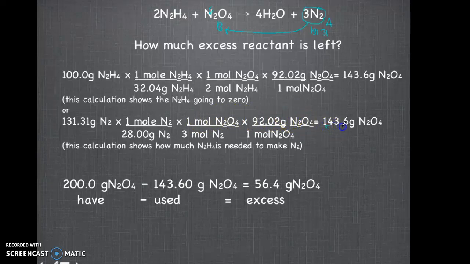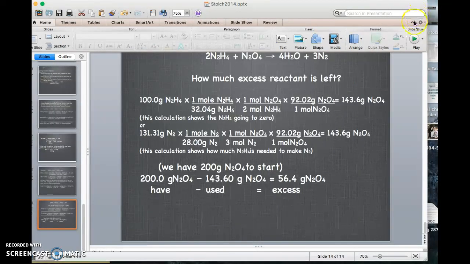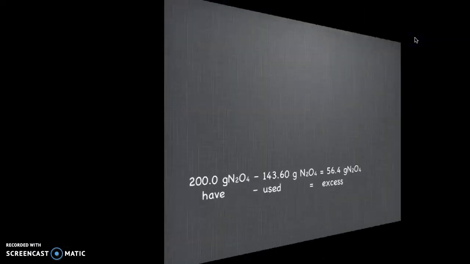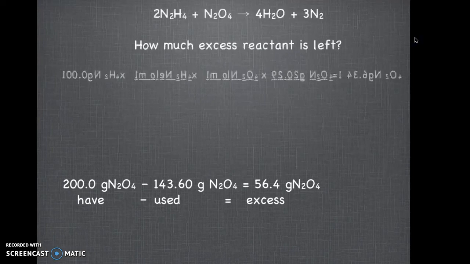Look at the answer we got right over here, the 143.6 grams. It's the exact same number we got from this setup right over here. So again, it doesn't matter which way we do it, we're going to get the same answer at the end.